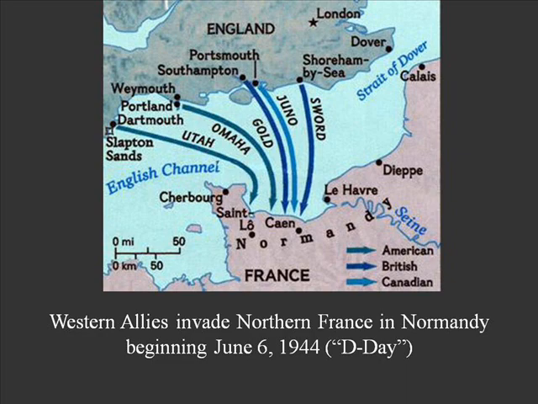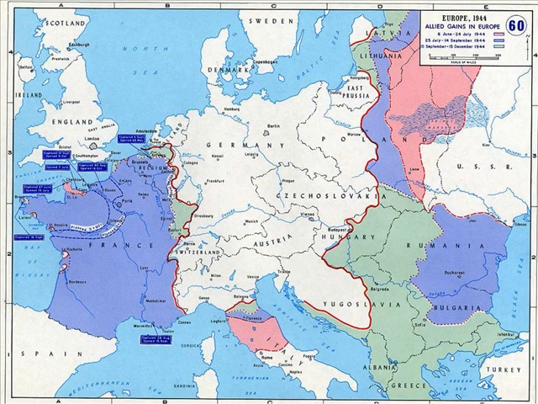And from there, they break out of the beachhead that they created. They invade eastward, southward, and a little bit west. But they drive toward Paris, and when they take Paris, the Germans start to very quickly retreat back into Germany. The French are happy because they get their country back. They raise a French army. So at this point, I think you have 3 American armies in France, 1 British, 1 Canadian, 1 French.